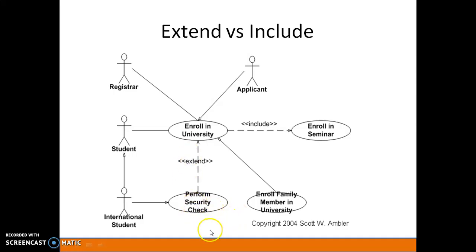First it needs the security checks, which can be shown by the extend relationship. But if we have to enroll for some activities inside the university, that can be shown by the include relationship. This is the example for extend versus include relationship.